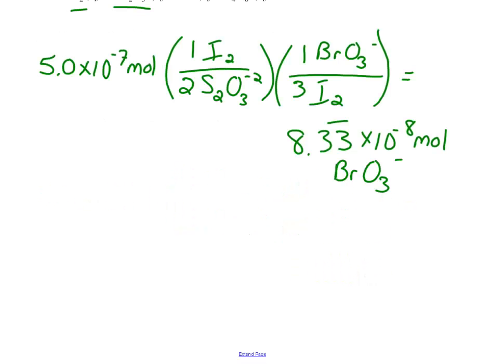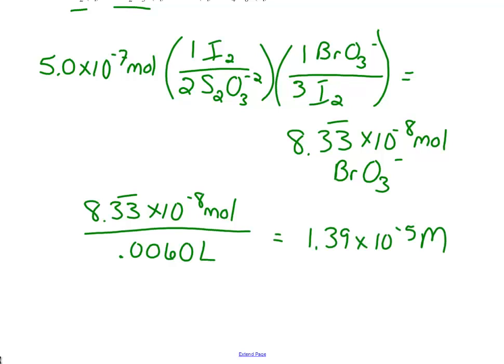Okay, it turns out for our reaction that the blue color will begin to appear when all the thiosulfate's used up. And so the change in the bromate ion concentration can be calculated, if I know the number of moles of bromate that got reacted, that's what I just figured out there, and the fact that all the reaction volumes are 6 milliliters. So if I take the change in concentration, in this case 8.33 repeating times 10 to the negative 8 moles of bromate ion, divide by the volume, I'll get the concentration change of the bromate ion.